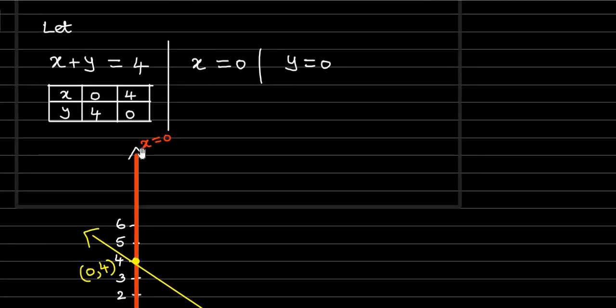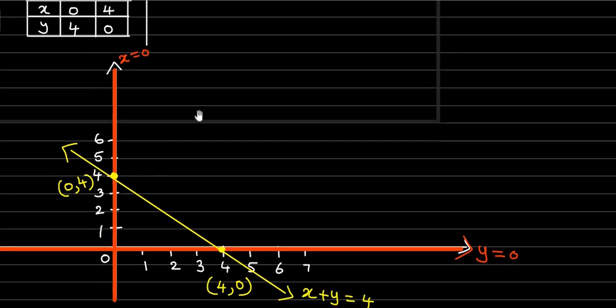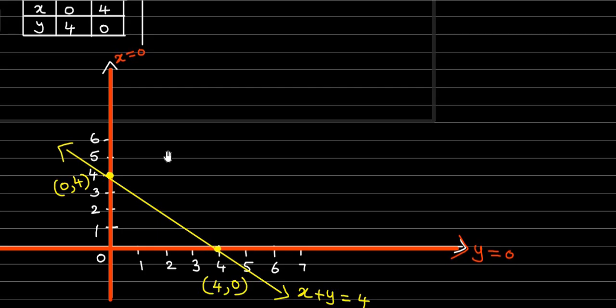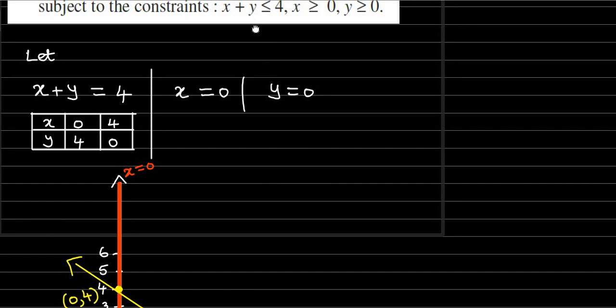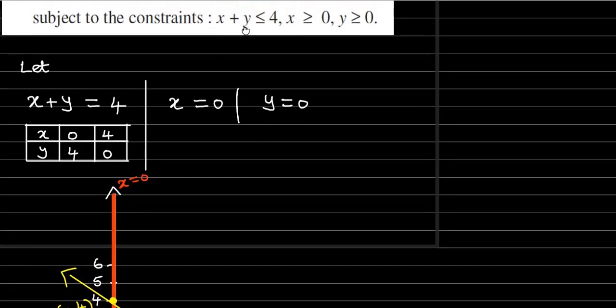For that, what we can do is, above this line, take any point in this plane. So what points can we take? We can take 5 comma 0, 5 comma 1, 5 comma 3, anything, and just substitute in place of x and y.